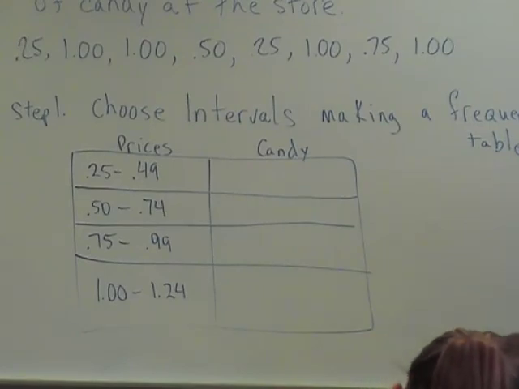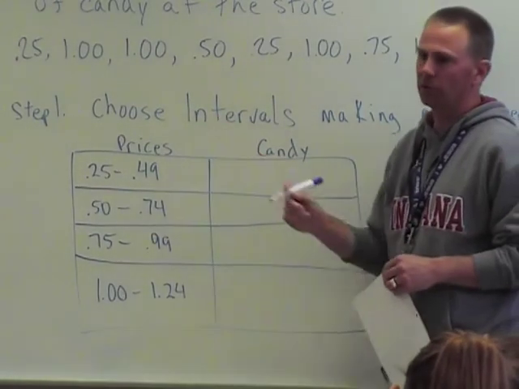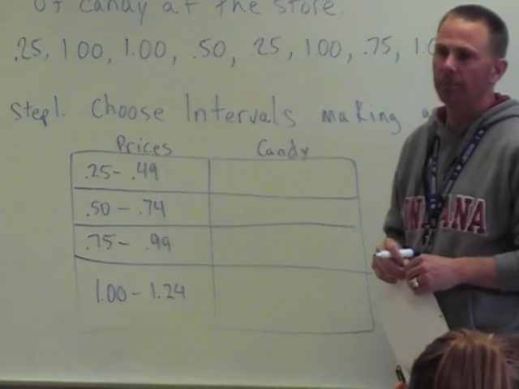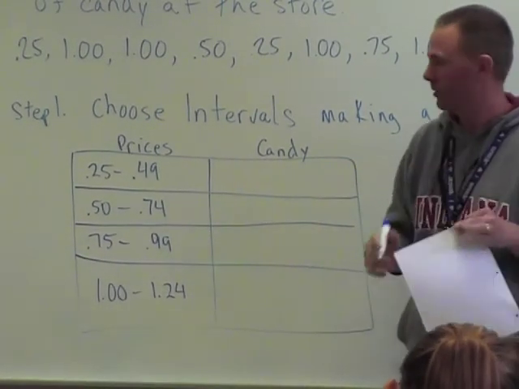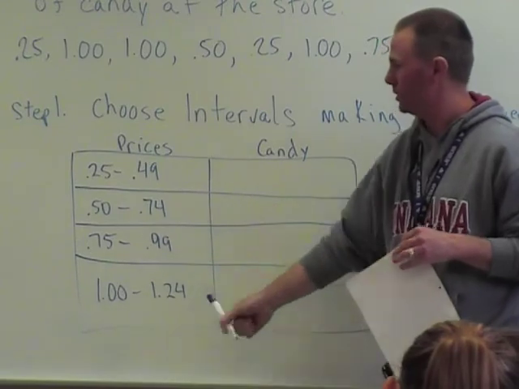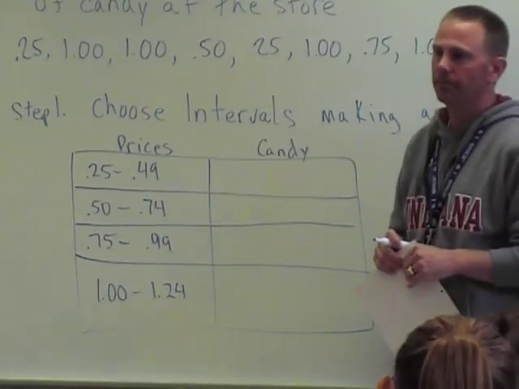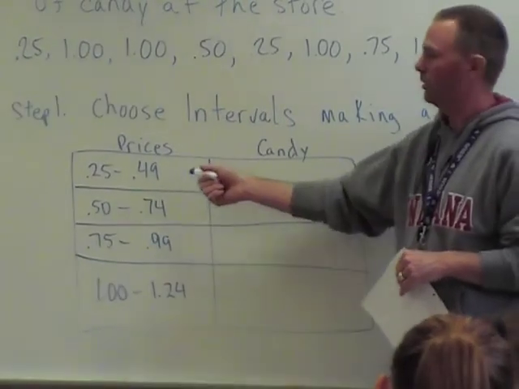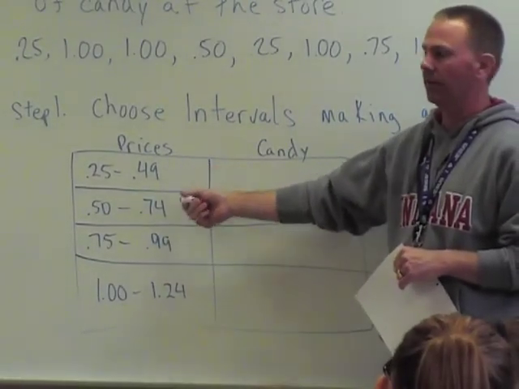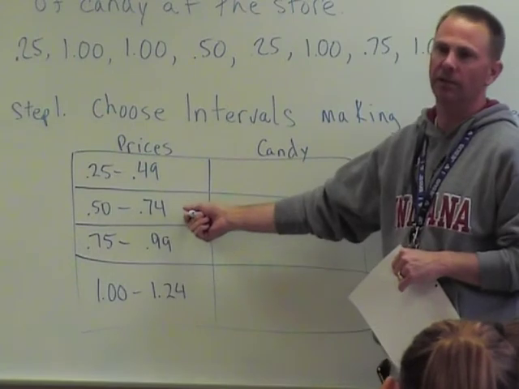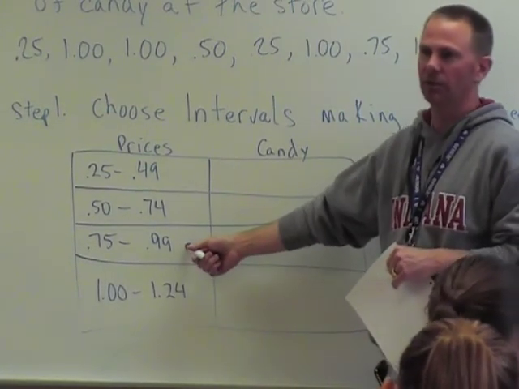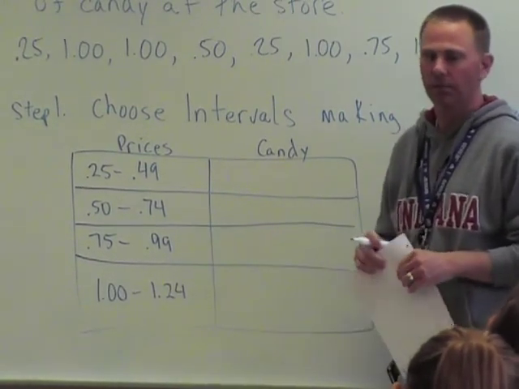Now it's important that you choose the intervals. Try to do them the same amount. These go up by basically a quarter each time. Don't go by a penny here, 49 cents here, and 80 cents here. Don't do that. Make them consistent.